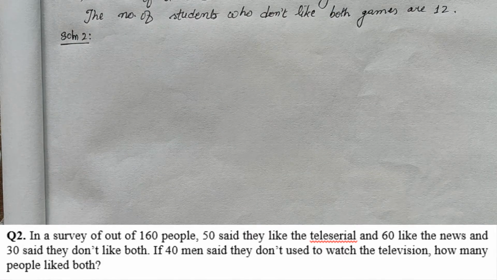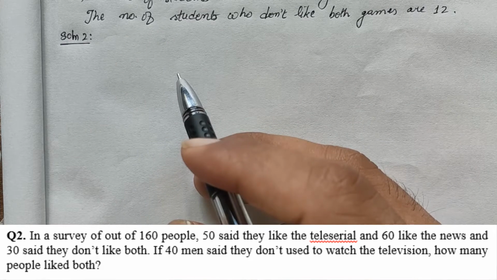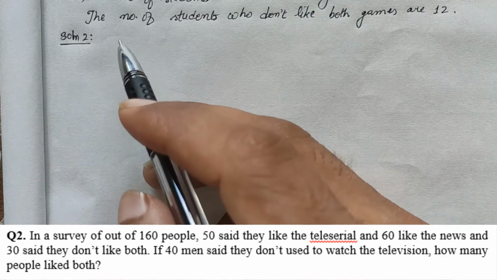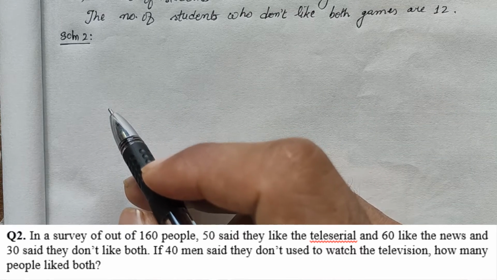Question 2 says, in a survey out of 160 people. Okay, this question is a little bit tricky, not so difficult, but a little bit tricky. So out of 160 people, if you write n(U) equal to 160, then it's difficult for you to solve.